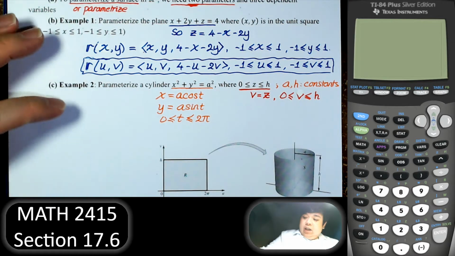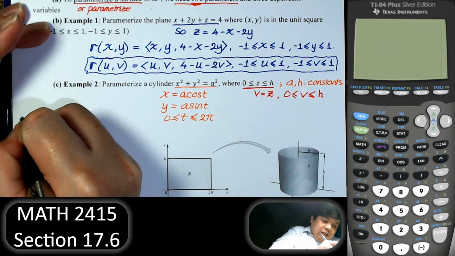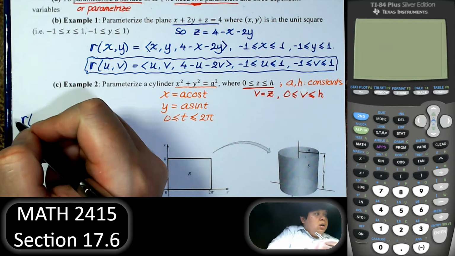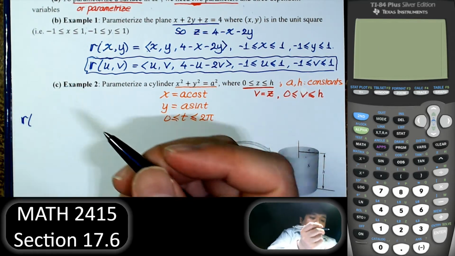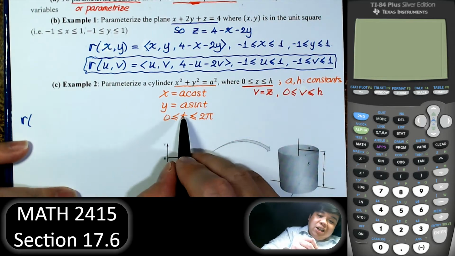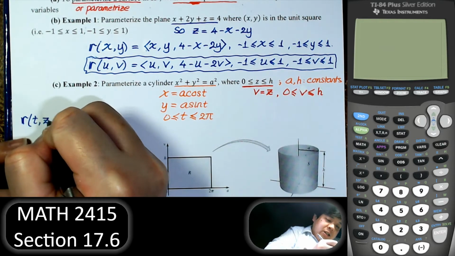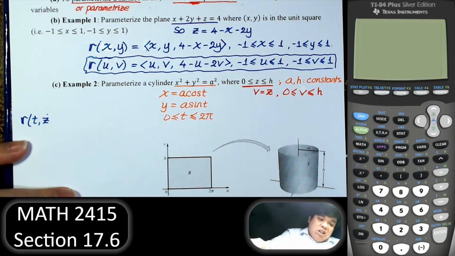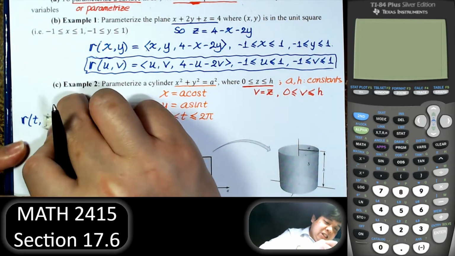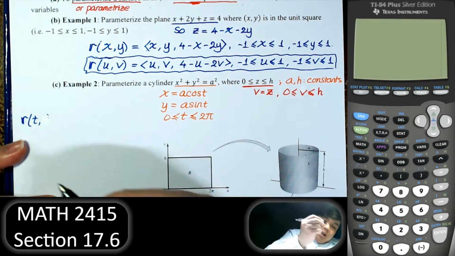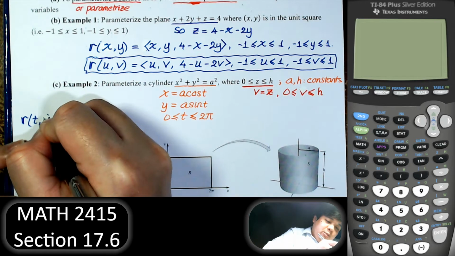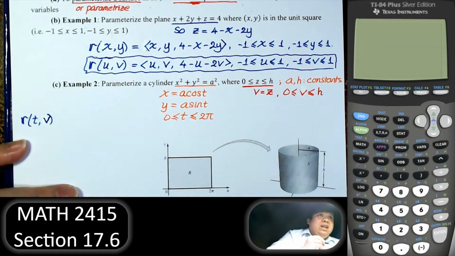So we have three components there. The components depend on just t and z, or t and v. The name for a parameter doesn't matter. We can choose anything.